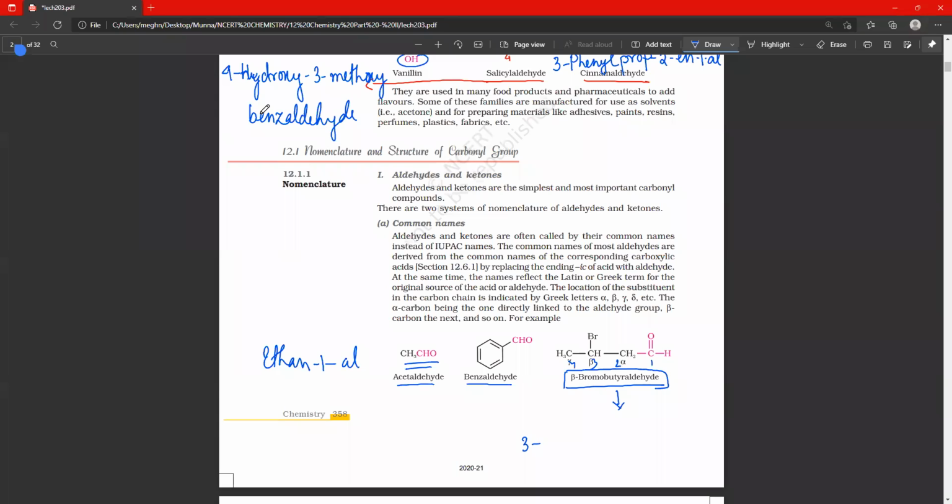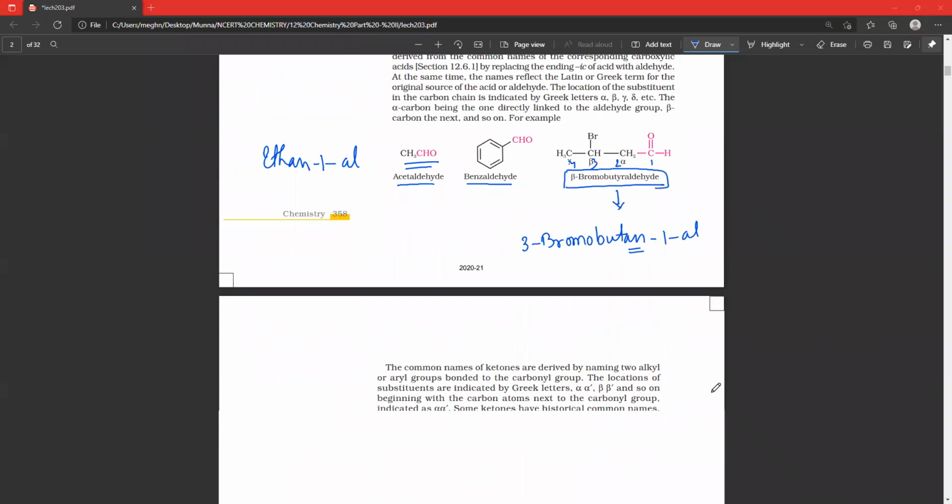Obviously, 3-bromo, then butan, correct? 1-al. See, the butan portion is not written by Rupam and Ankita, both of you. You have written but 1-al. So you are not mentioning the bonding between the carbon atoms. Is that clear, I hope now? Yes, ma'am. Okay.